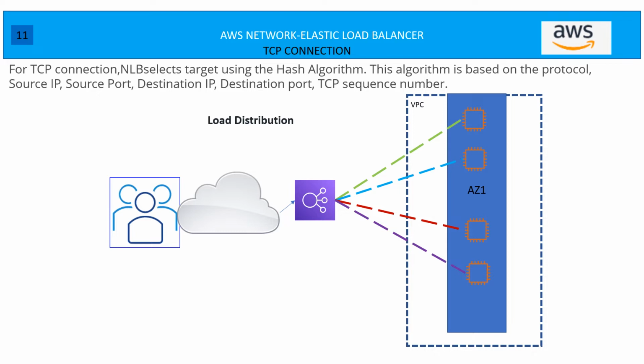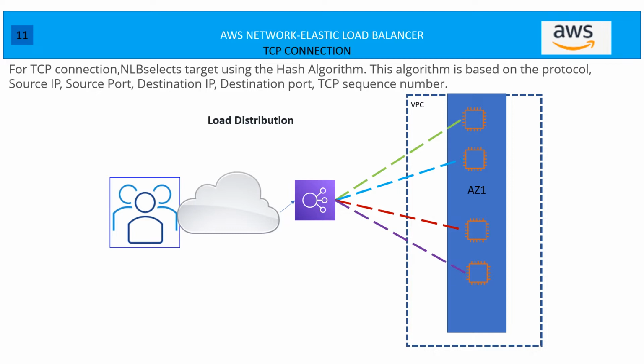Load distribution is a very important topic when we discuss or design load balancing services. There are two options when you play with the transport layer, whether you are going to have the TCP connection or the UDP connection. Here we are going to discuss the TCP connection. The requests made from the user are all TCP connections in nature.